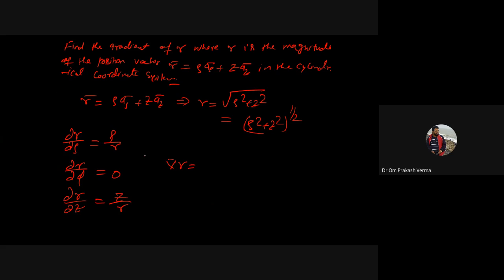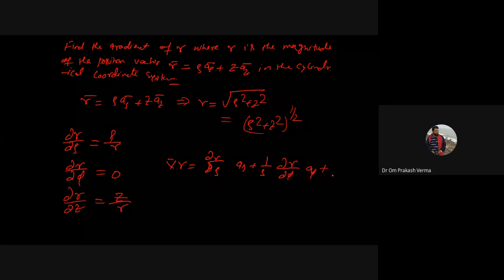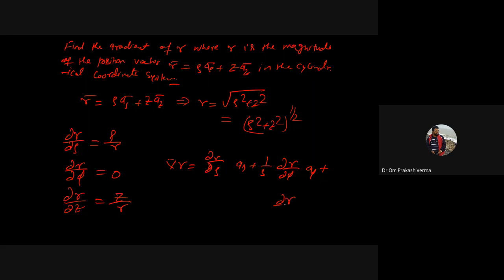That is del r by del rho a_rho plus 1 upon rho del r by del phi a_phi plus del r by del z a_z, right? So you can put this in and find the value. All values you have, just put and find. Okay, so this is the problem.